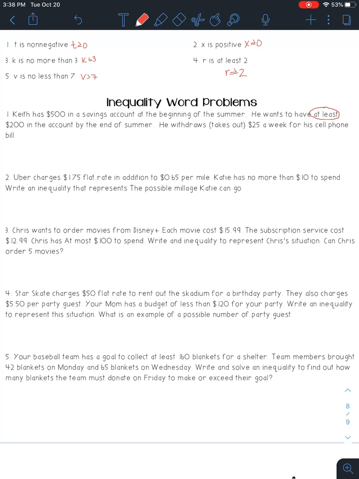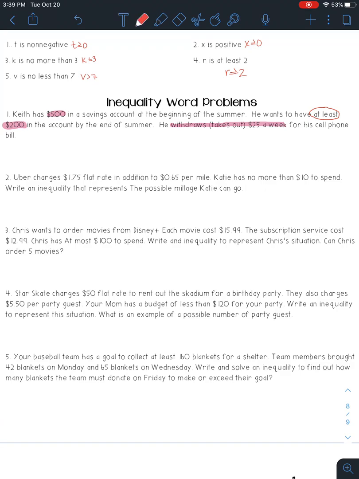He's withdrawing, or taking out, $25 for his cell phone bill every week. All right, so let's talk about what we have here. Right now we know he's currently got $500. He's withdrawing, or taking away, $25 a week. And he wants at least $200 in there.